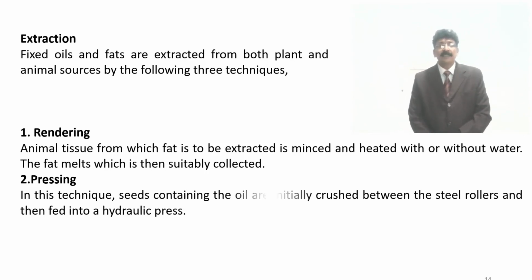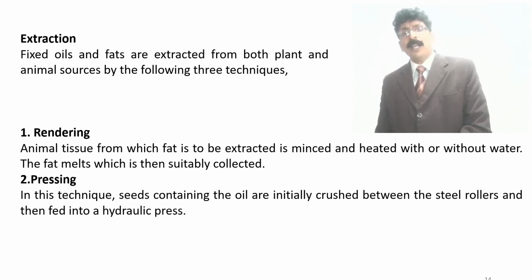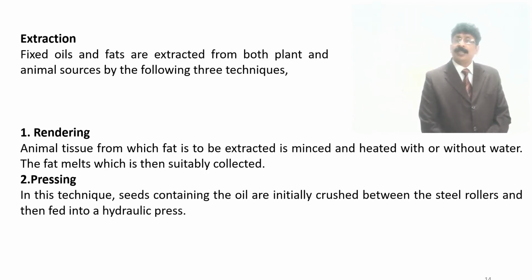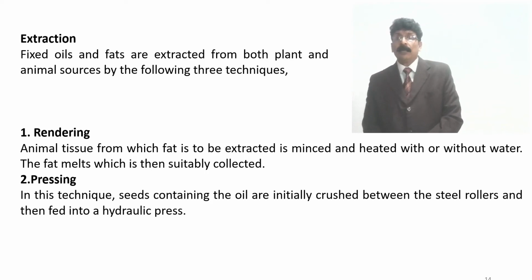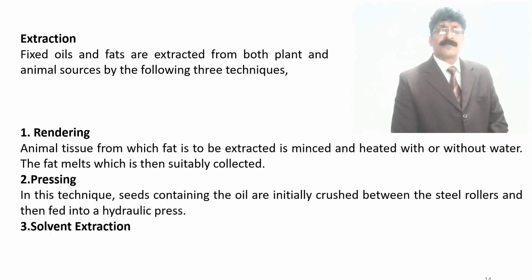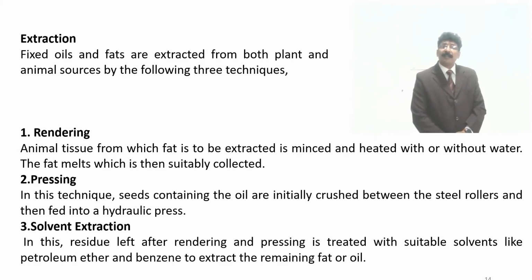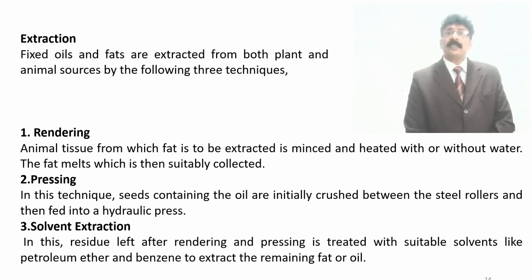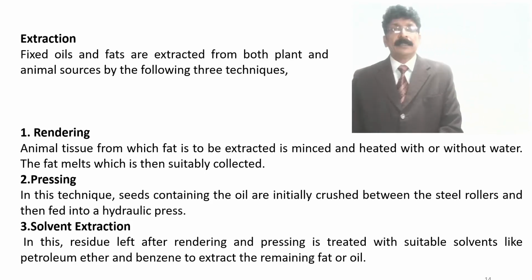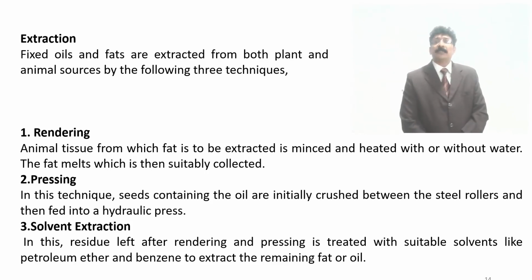Pressing: in this technique, seeds containing the oil are initially crushed between steel rollers and fed into a hydraulic press. Solvent extraction: the residue left after rendering and pressing is treated with suitable solvents like petroleum ether and benzene to extract the remaining fat or oils.